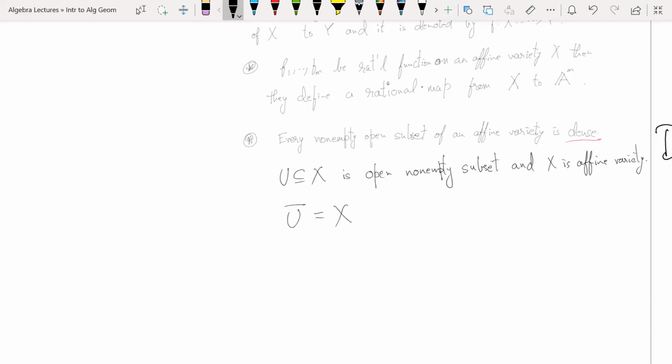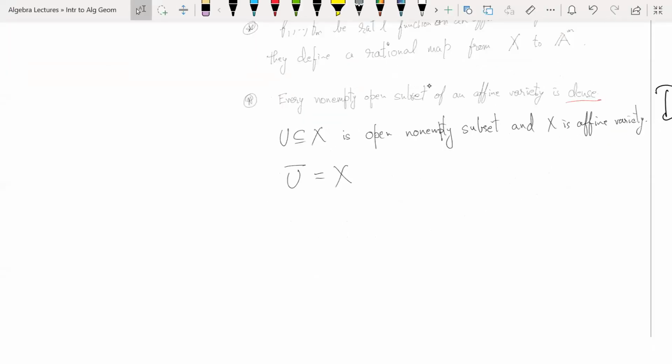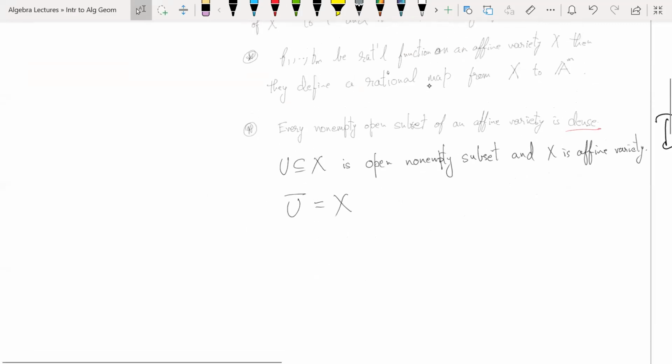Are you guys still with me? So how do you show the closure of U is the whole of X? Maybe that is what dense means, so maybe this is the way to go about it. How do you compute the closure of U? What is the recipe?